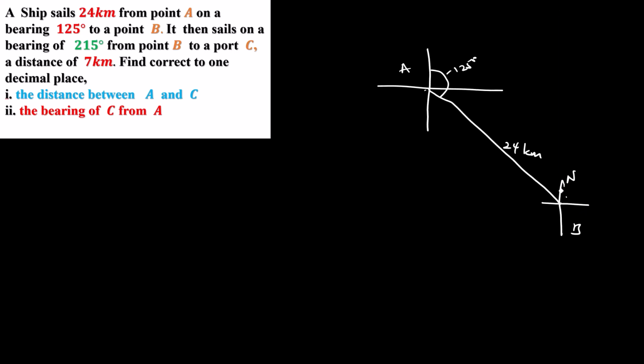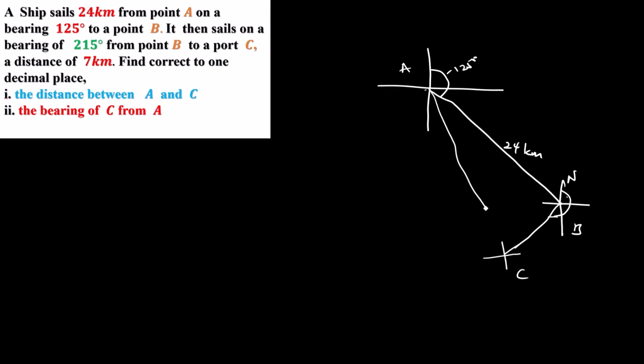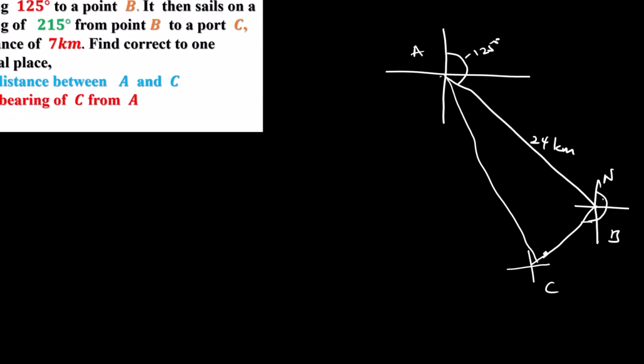We start from the north and go clockwise, so 200 plus will fall within this quadrant. It is 7 kilometers. Let's call this C, and let's join this. So that's a sketch.